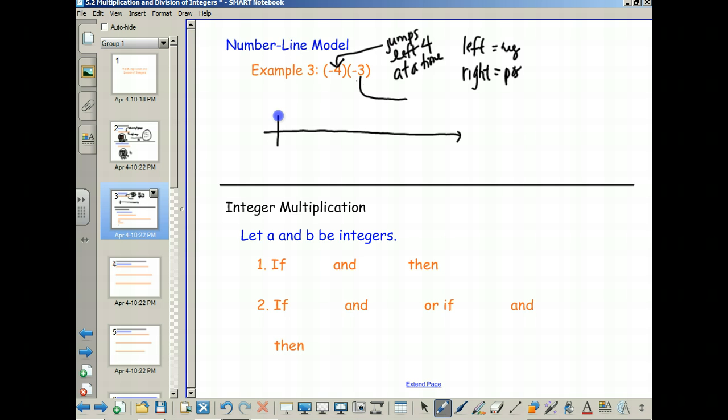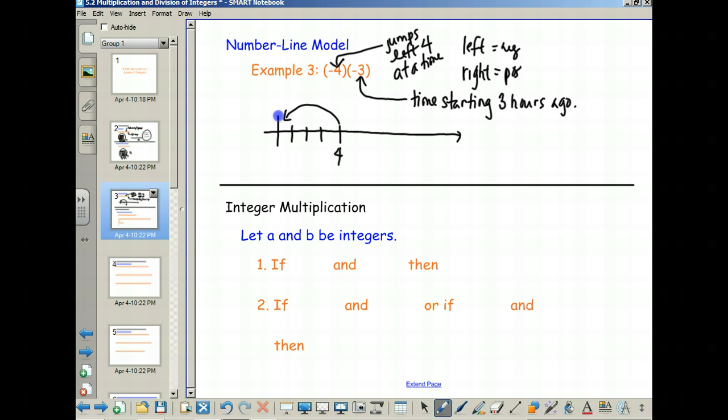Now, the second number, this negative 3, we're going to reference in terms of time. So this would mean starting 3 hours ago. You're kind of thinking of it going backwards. For instance, in the last hour, if I moved 4 to the left, I would have started at 4.